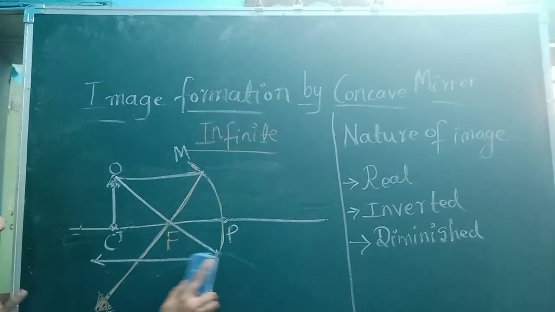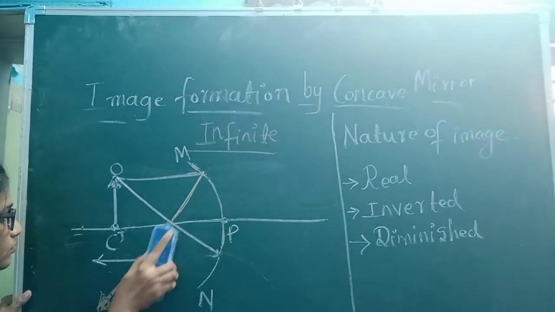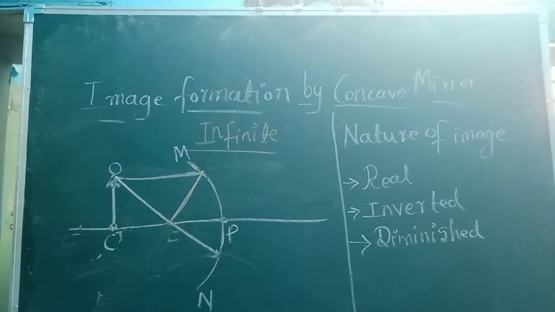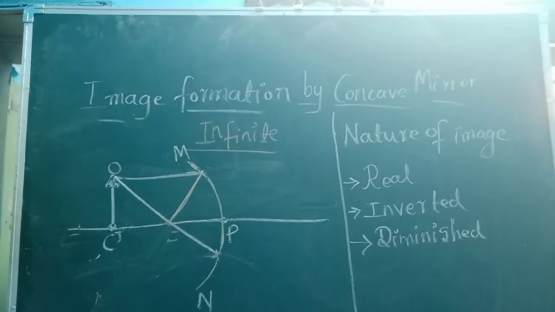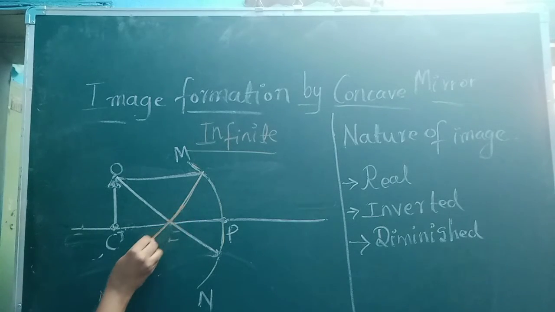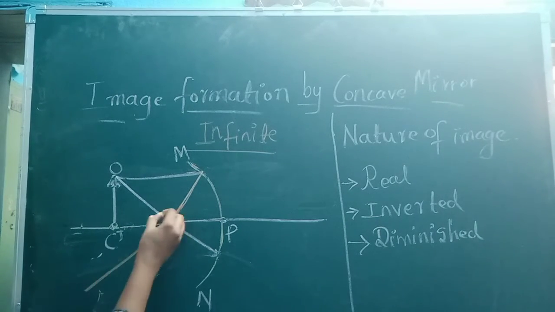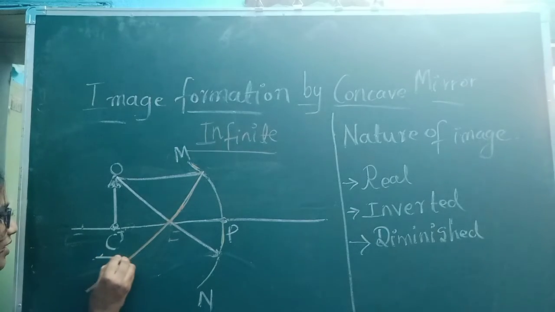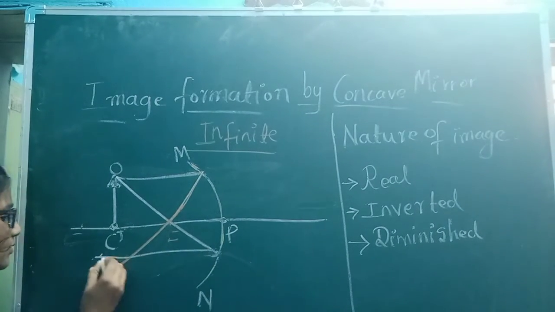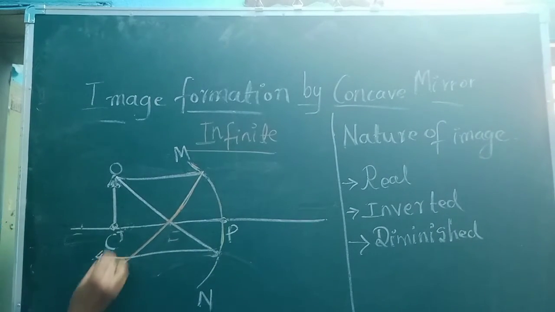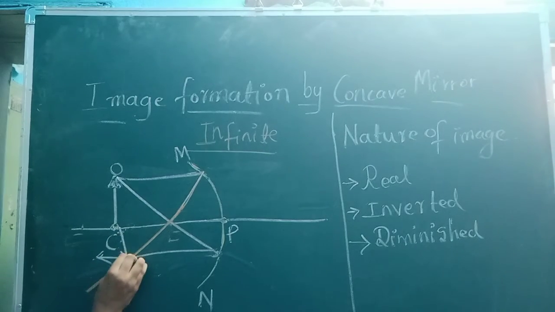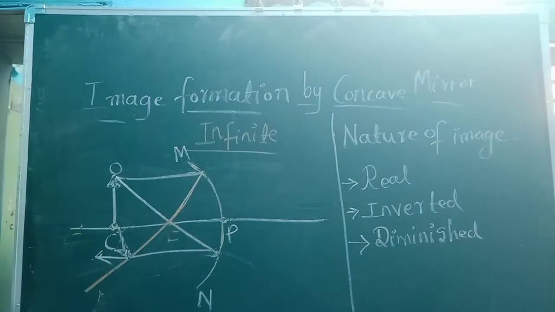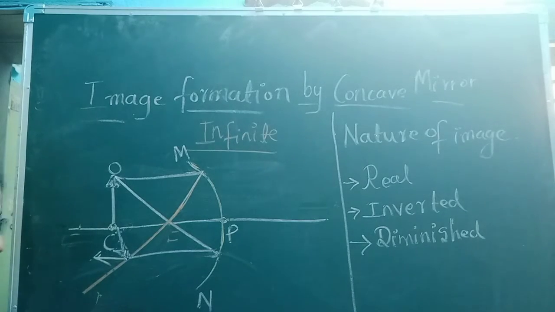So let me draw it clearly. Like this, and this will be formed at this point. Okay, at this point the image will be formed. As I don't have a scale, the lines are not proper here.